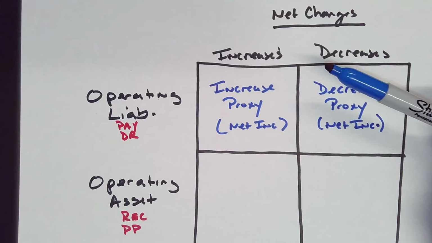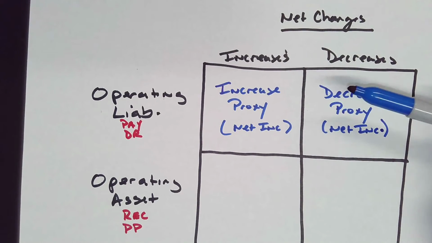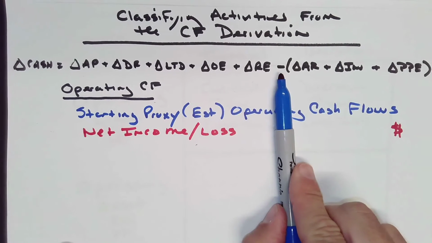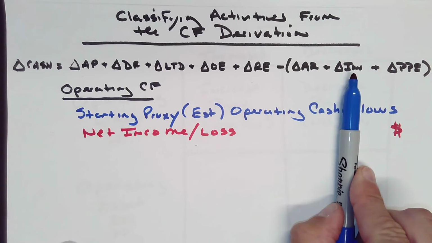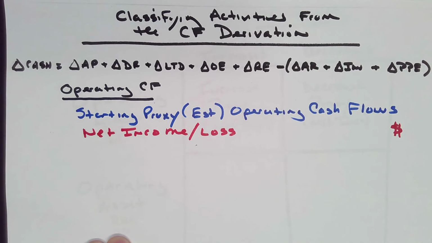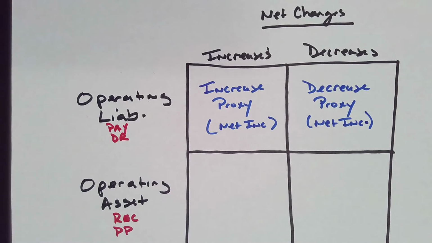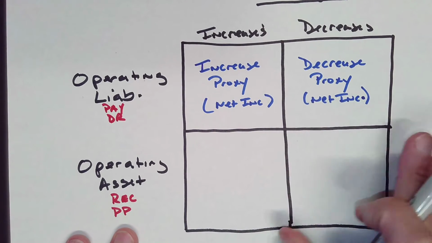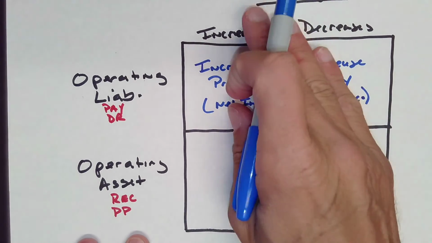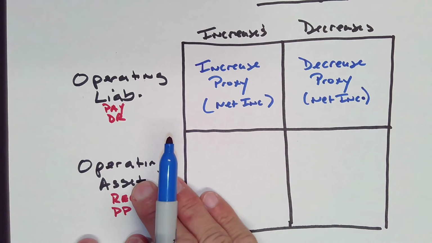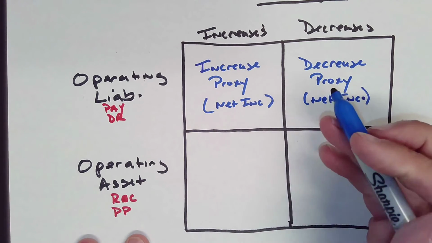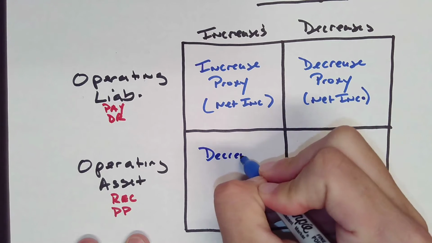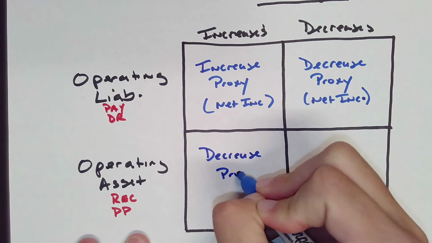You can imagine, given our understanding of the signs here, that when I have changes in my operating assets, I should have completely the opposite result. So let's write it in, and then let's look at receivables and see if that proves out. When I have increases in my net operating asset accounts, I want to decrease the proxy.